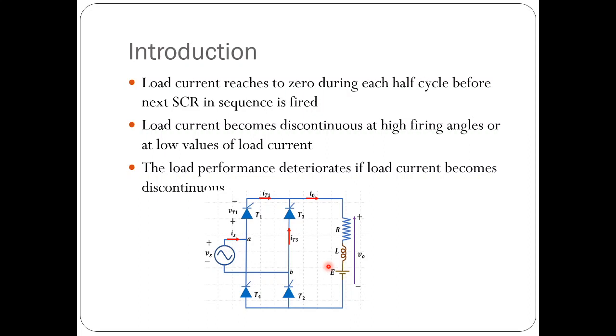So that is the reason. Due to high firing angles or low value of load current due to high opposition from resistor or battery, these are the reasons for discontinuous load current.